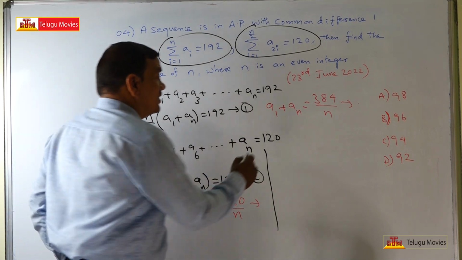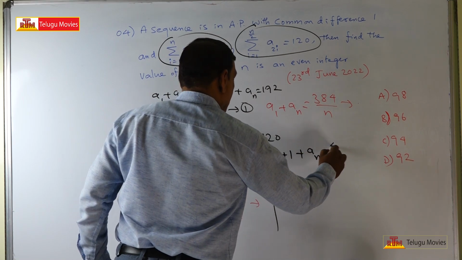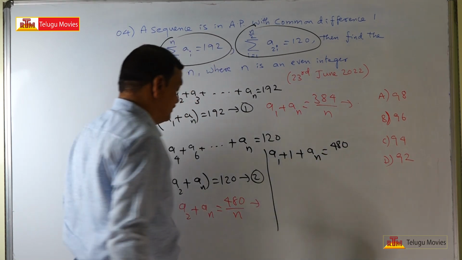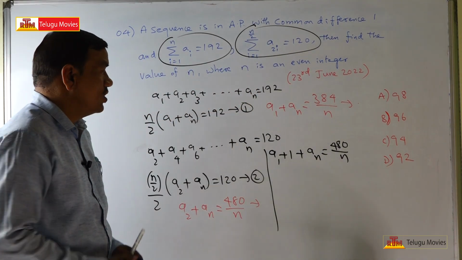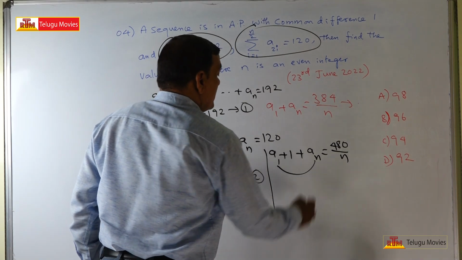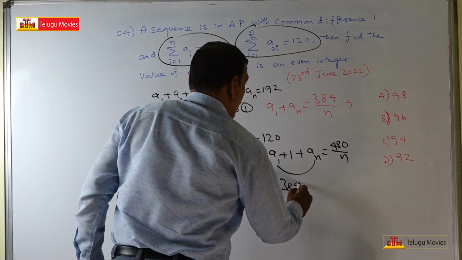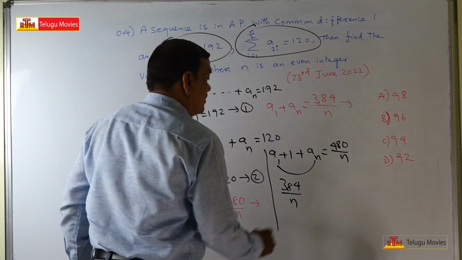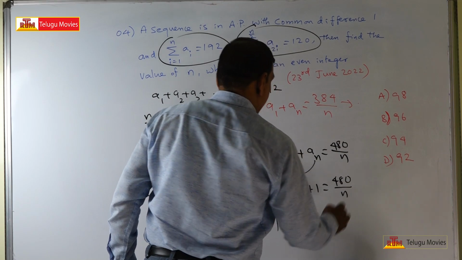So a2 can be written as a1 plus 1, plus an is equal to 480 upon n. What is the a1 plus an value? 384 upon n, plus 1, is equal to 480 upon n.